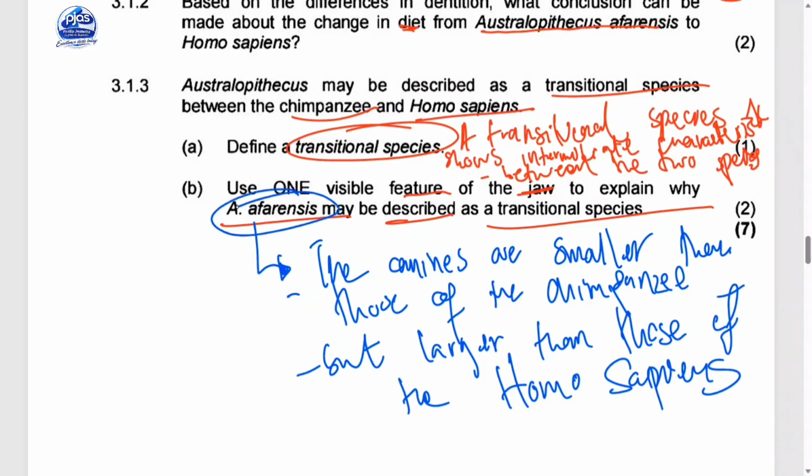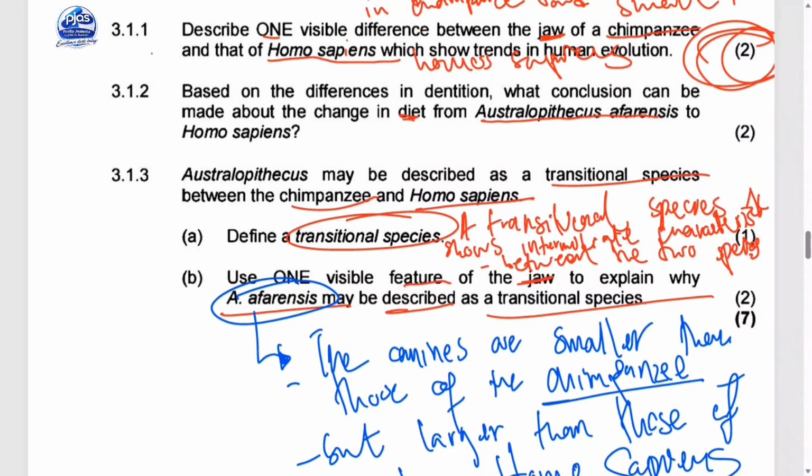So automatically the canines of A. afarensis, they are smaller when you compare it to the canines of the chimpanzee. But they are larger than those of the Homo sapiens when you compare.